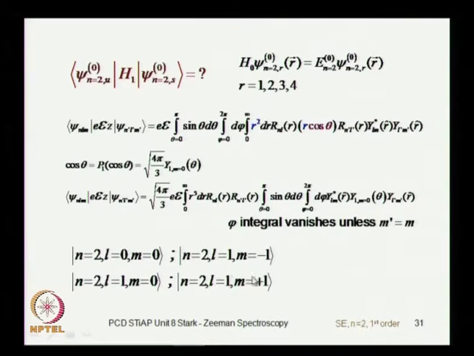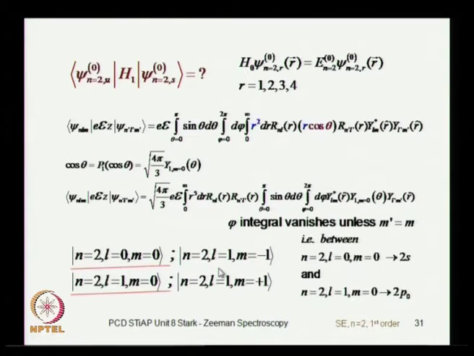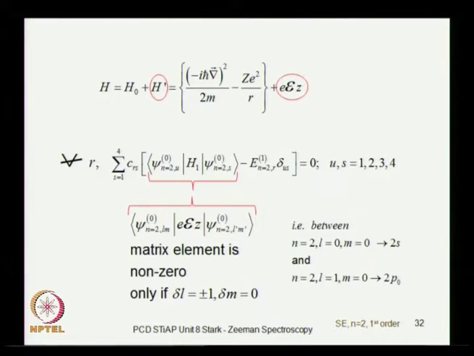The only 2 states which can combine are the 2s and the 2p0, because for the remaining 2 you cannot get the possibility that m prime is equal to m, as a result of which those integrals will vanish, the corresponding phi integration will vanish. So, these are the only 2 to be considered for which m is equal to m prime.